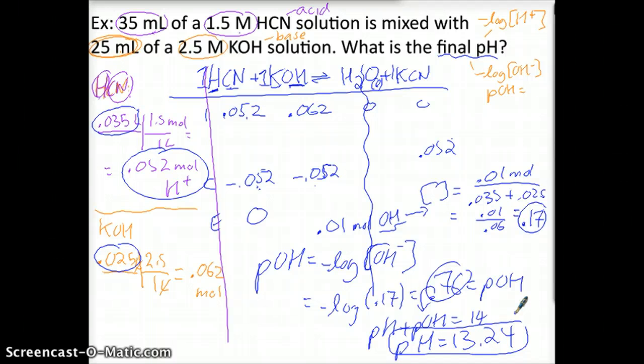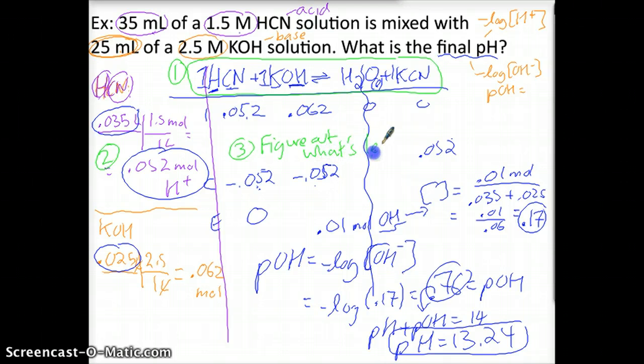Done. So, things to keep in mind when you're doing a neutralization problem. First step, I'm going to highlight all the steps in green here. First step, you might want to summarize these. Write the reaction. Second step, get the moles of each compound. Third step, basically figure out what's left.